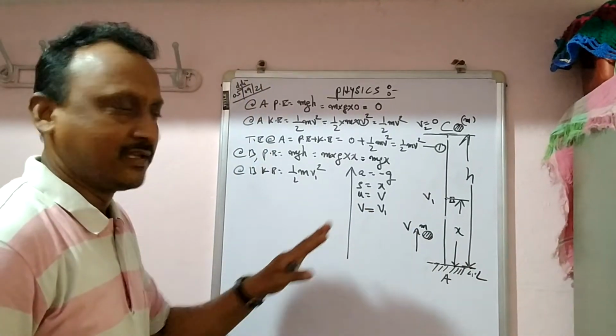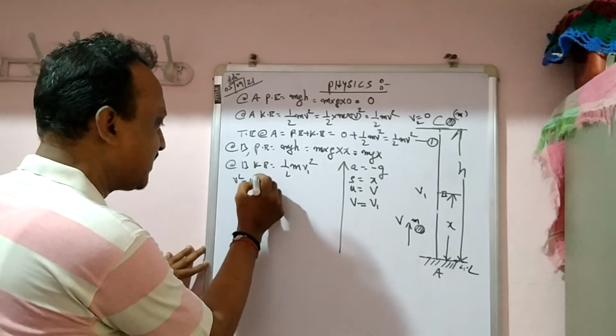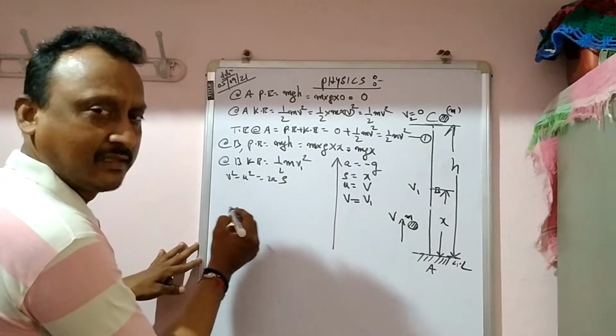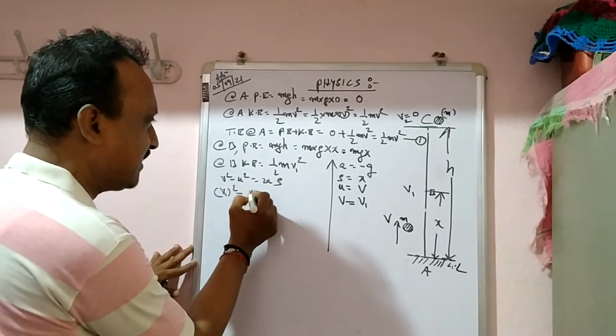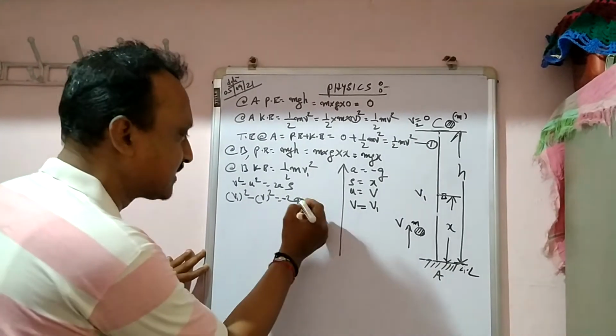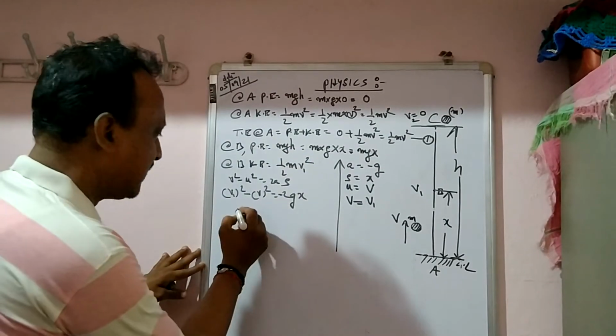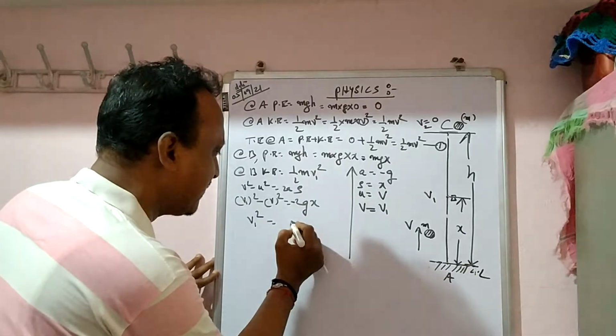Substituting all these values in the equation v square minus u square is equal to 2as, we get v1 whole square minus v whole square is equal to 2g, of course minus, because it is going in the upward direction, displacement x. Therefore v1 square is equal to, take it to the right side, what happens?